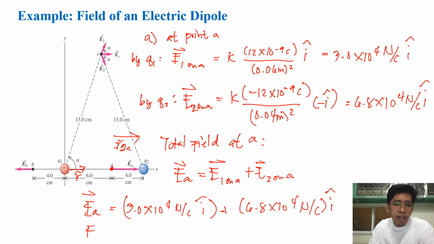So your total field at point A is equal to 9.8 times 10 to the 4 Newton per coulomb I hat. So the direction is along the I hat, so the total field is this one here.